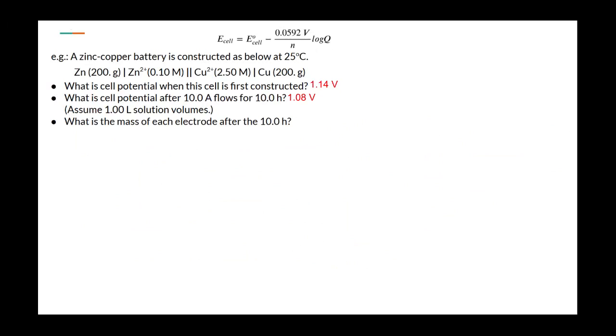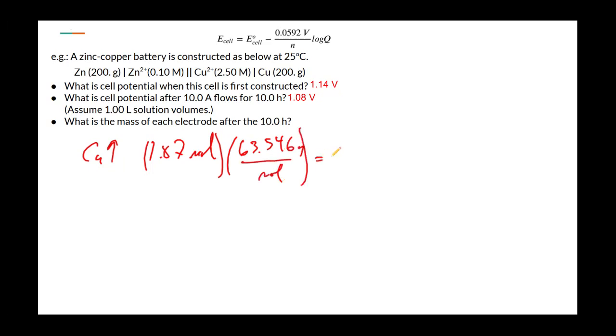The next question is, what's the mass of each electrode after the 10 hours occurs? Well, the mass of copper is going to go up by 1.87 moles times the molar mass of copper, which is 63.546 grams per mole. So the copper went up by 119 grams. That means there was originally 200 grams, plus 119 grams, so we now have 319 grams of copper.